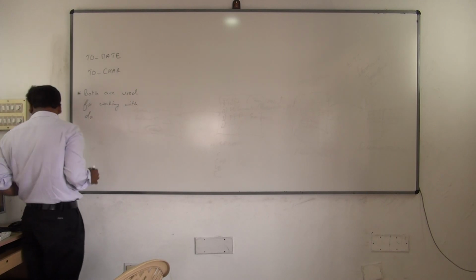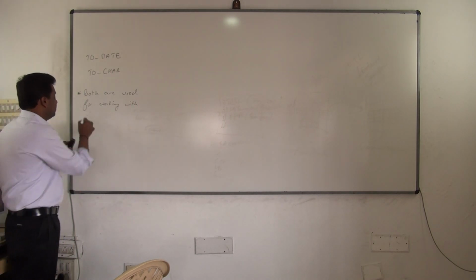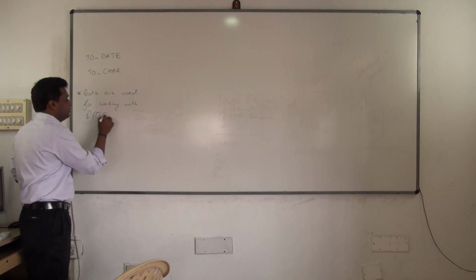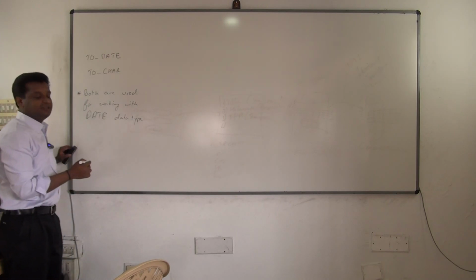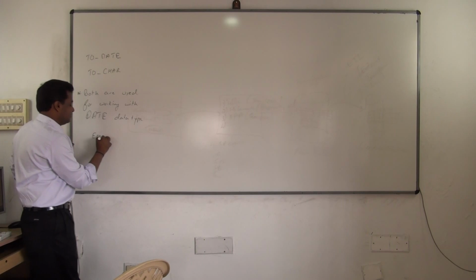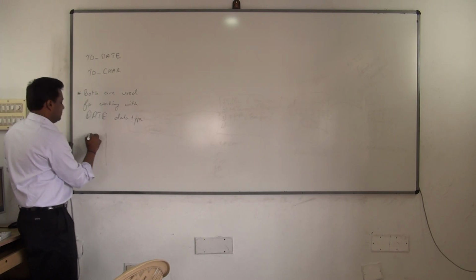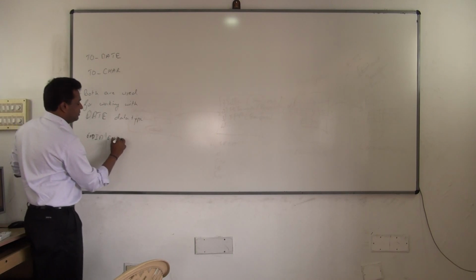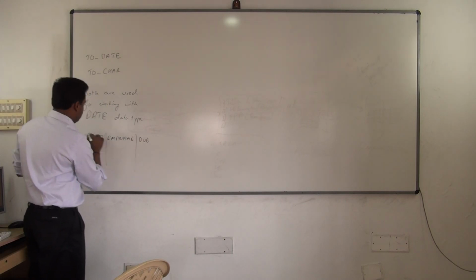date data type. You know the date data type, no? There's one data type called Date. Date of birth. See, in the employee table you'll have employee ID, you'll have his name, then you might have his date of birth.